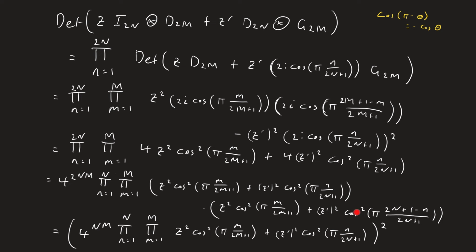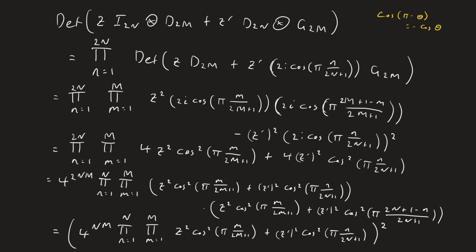Specifically, this term here is obtained from this term here simply by replacing little n with 2 big N plus 1 minus n. When little n equals 1, this expression here gives us this corresponding to little n equals 1, and this second expression here in brackets gives us this term here corresponding to when little n is equal to 2 big N. In this way, this product of these two terms is equivalent to our original product.